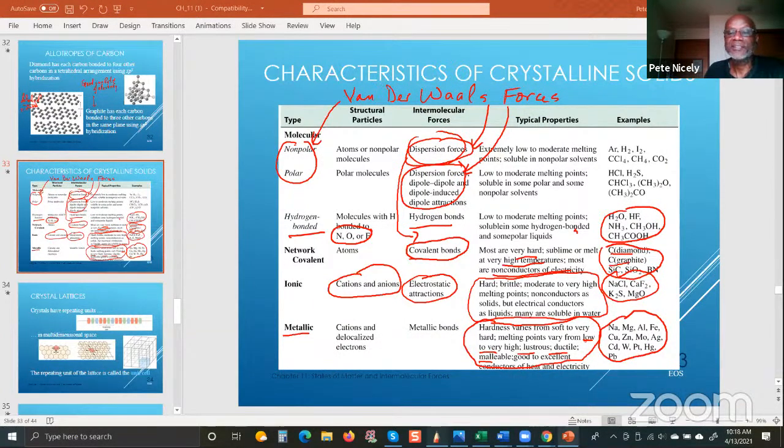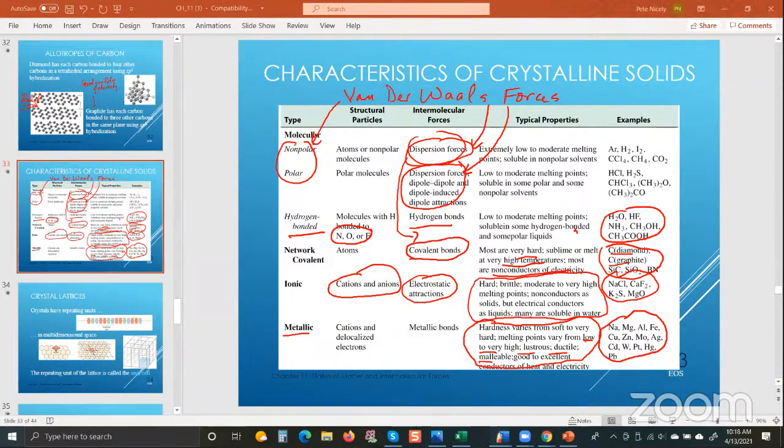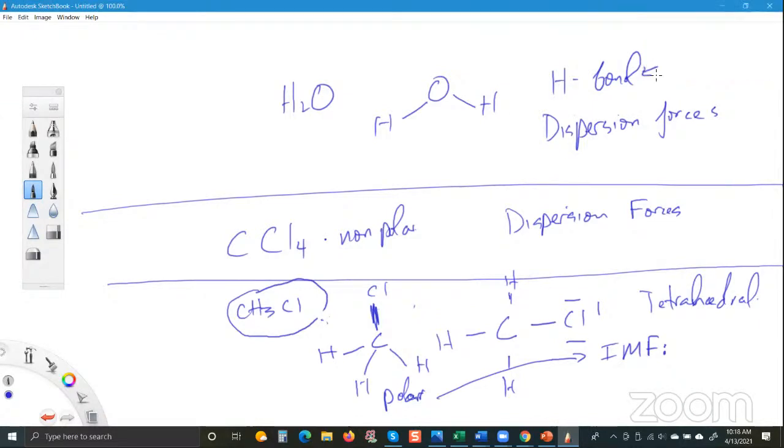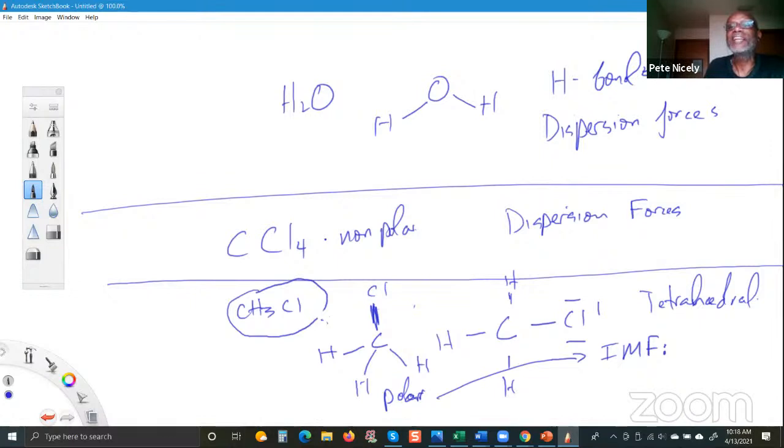Would it be a hydrogen bond? Well, that would be incorrect because remember we said that for a hydrogen bond, you must have oxygen bonded to hydrogen or nitrogen bonded to hydrogen or fluorine bonded to hydrogen. If you don't have these possibilities in the structure, then you won't have hydrogen bonding.